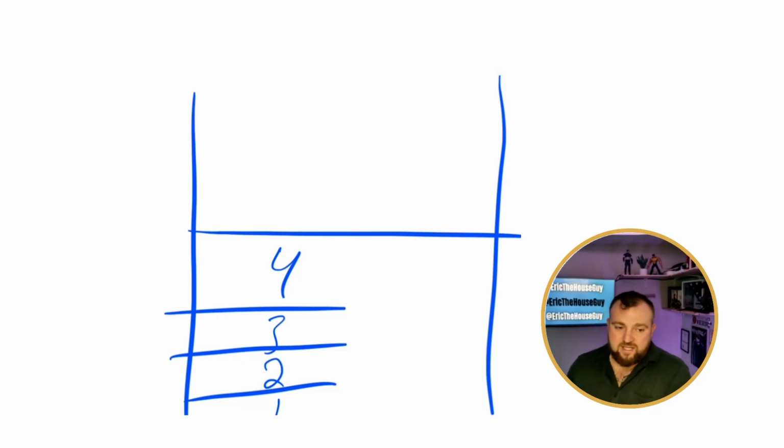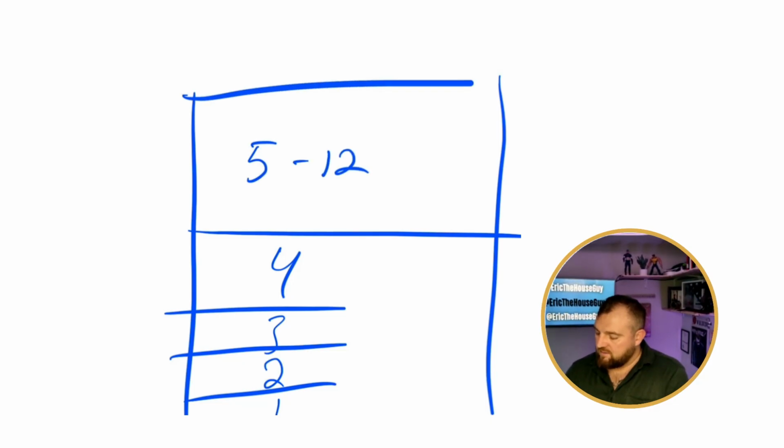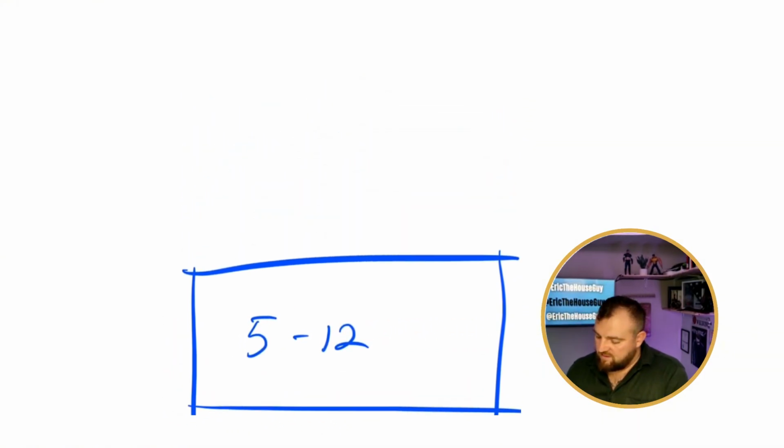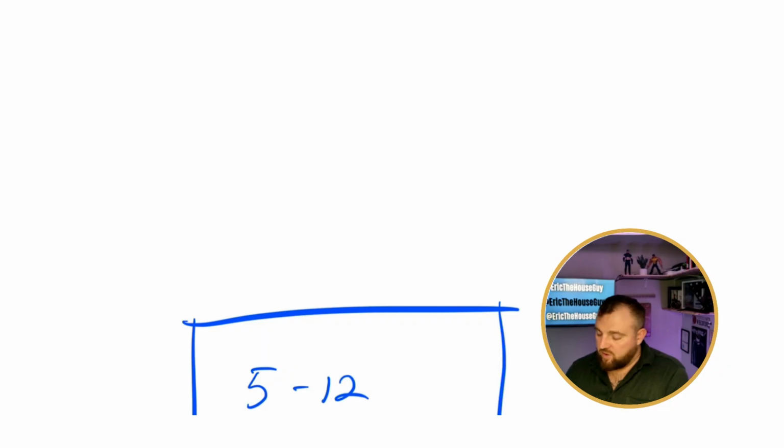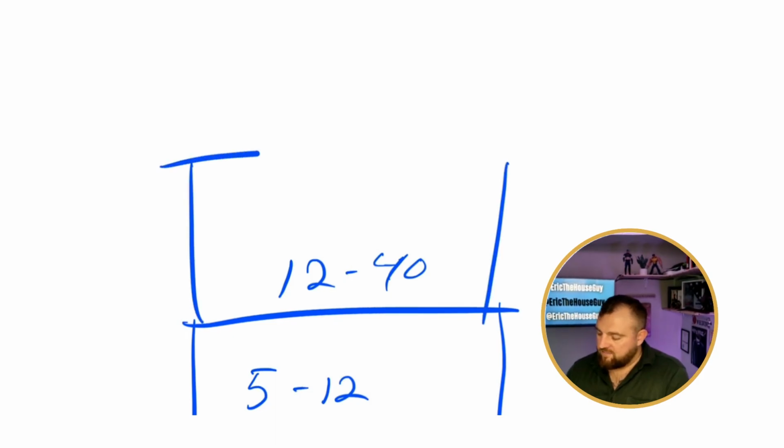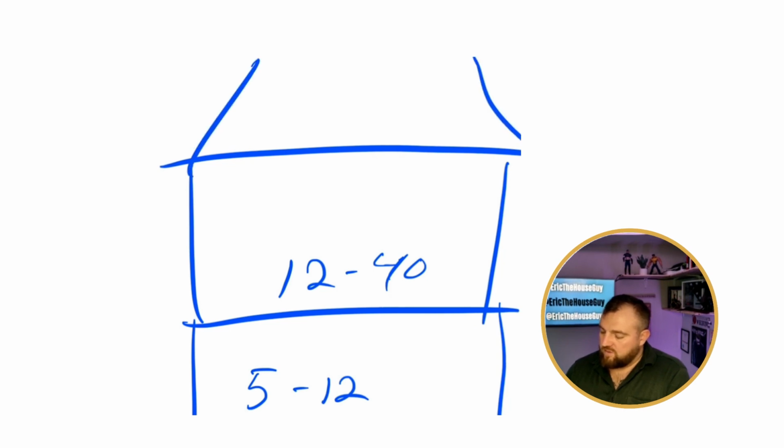And then if you continue stacking on top of that, 5 to 12 stories, that's going to be your mid-rise apartments. If we continue to go up, 12 to 40, that's your high-rise. And then if we continue to go up, we've got our skyscraper.